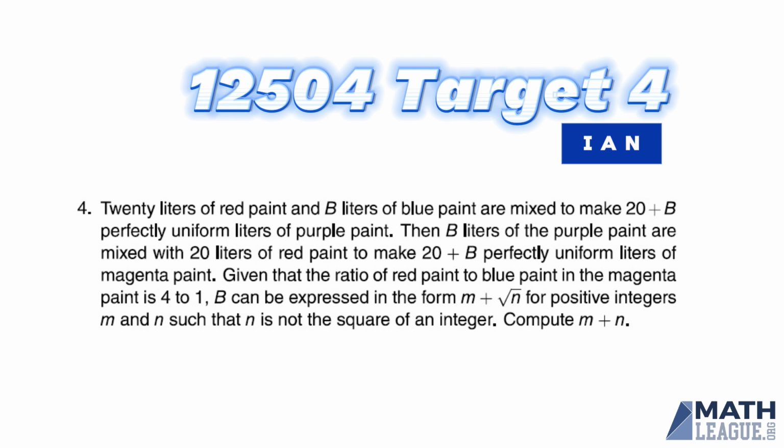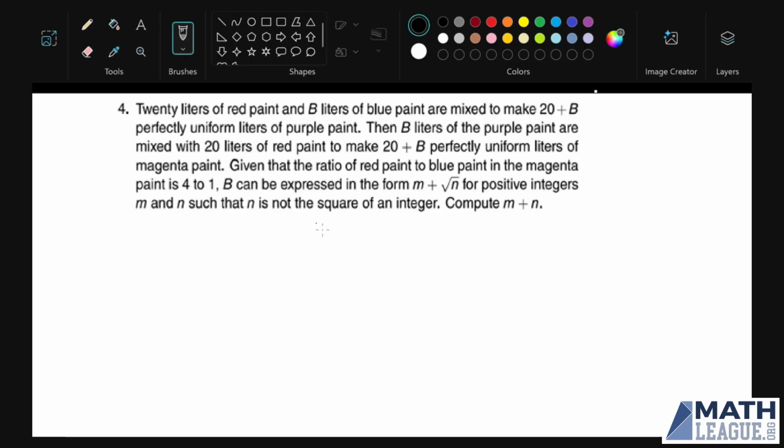We'll notice that the fraction of blue paint in the 20 plus B liters of purple paint is going to be B over 20 plus B. And then B liters of that purple paint gets mixed with the 20 liters of red paint to make 20 plus B perfectly uniform liters of magenta paint.